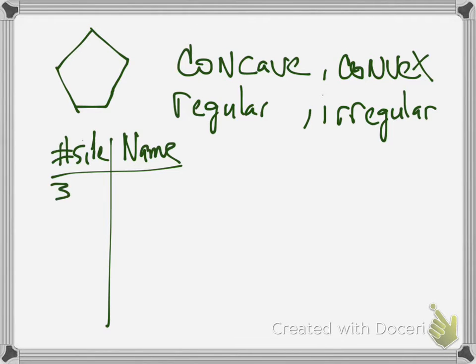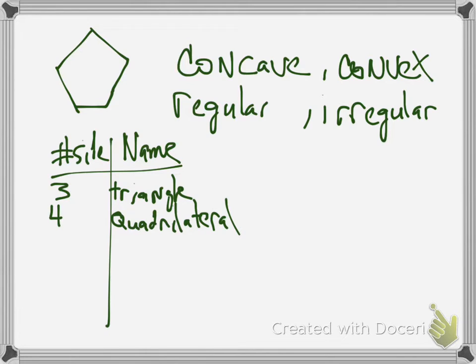Like 3 sides is a triangle, 4 sides is a quadrilateral. Add that to your formula sheet and kind of go from there. Know perimeter and area. And finally, know fractional distance.